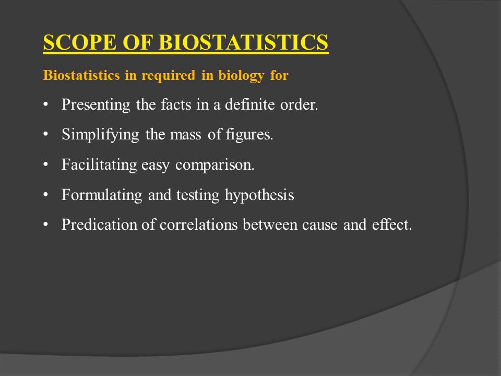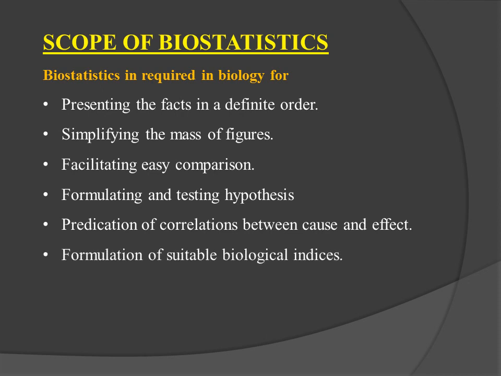The cause and effect is when an observed event appeared to have caused a second event. For example, if height is always correlated with weight, that is, the height is more, obviously the weight will be more.